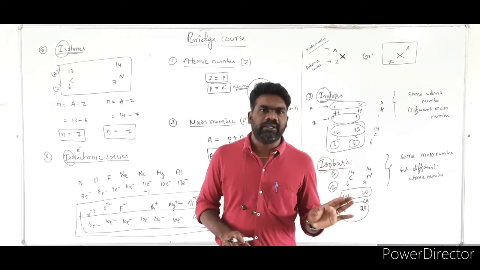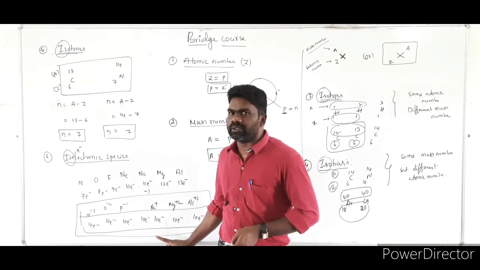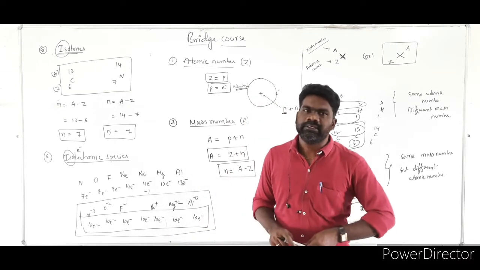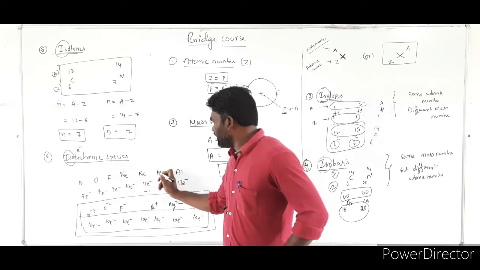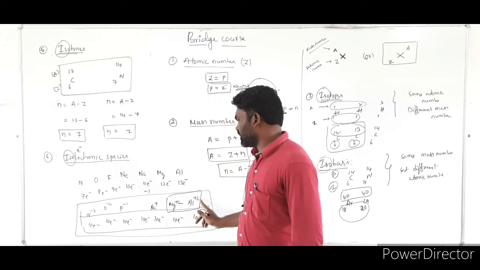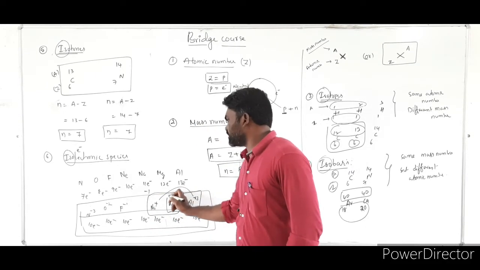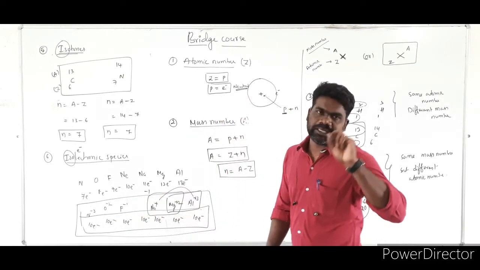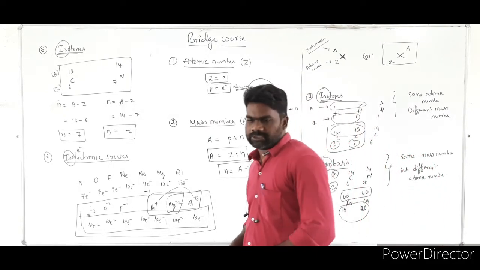Simply you have to remember, atoms or ions with the same number of electrons we call isoelectronic species. These two are isoelectronic species. Mg plus 2 and Al plus 3 are isoelectronic. Or you can compare these two species. You can compare any two. They have the same number of electrons. We have to call them isoelectronic species.